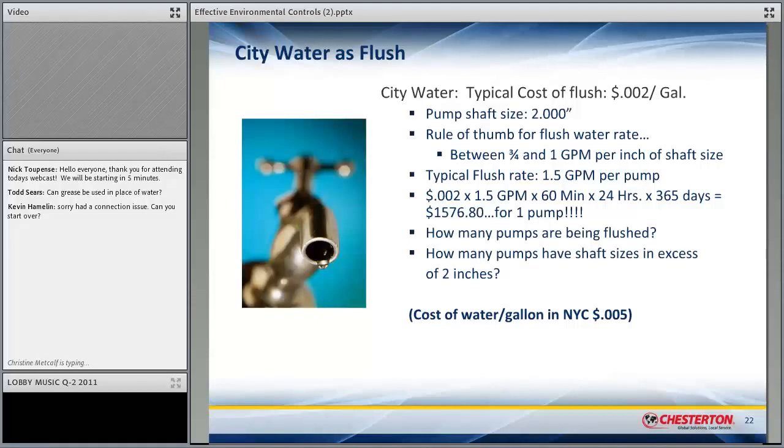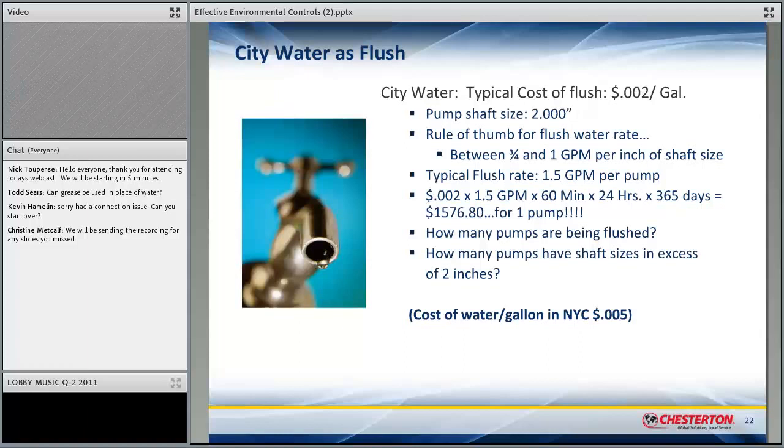So if we do the math, $0.002 times 1.5 gallons per minute times 60 minutes times 24 hours a day times 365 days a year, for one pump, the cost would be $1,576.